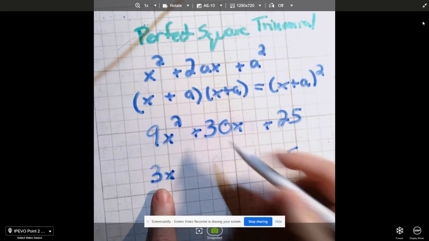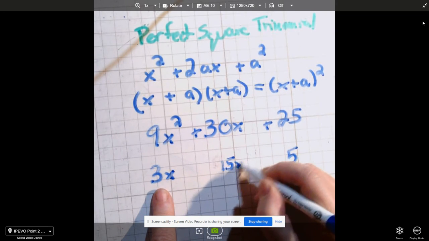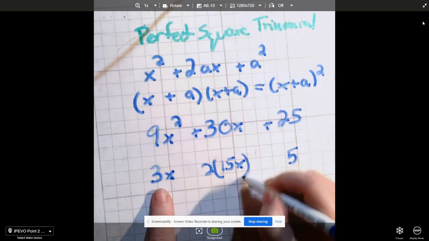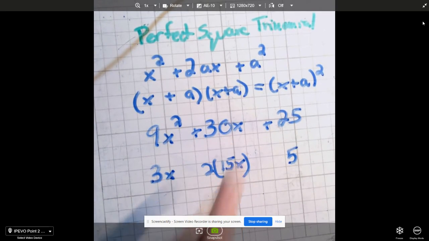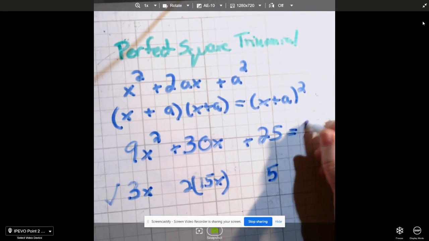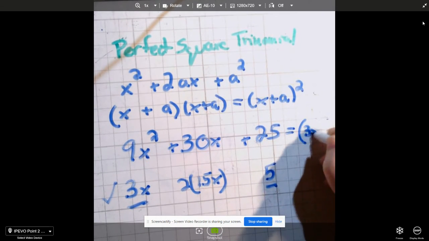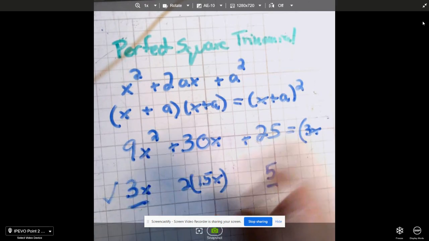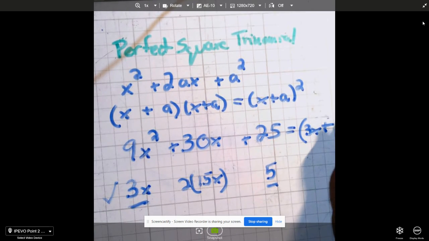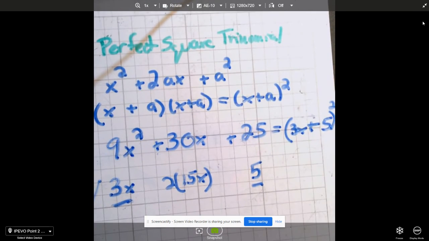If I take these two and multiply them together, I'll get 15x, and if I multiply it by 2, I get my 30x. So that means, yes, the pattern works. So now I know that it's going to be 3x and 5. If this is a plus, this will be a plus. And then I just have to square it.